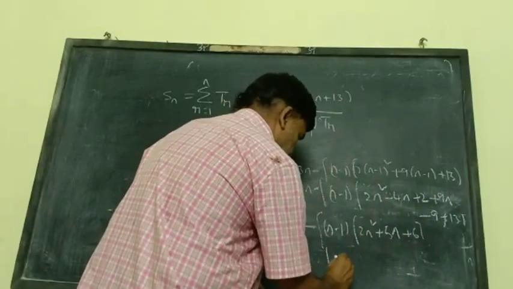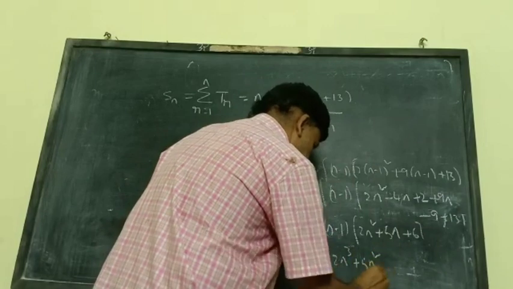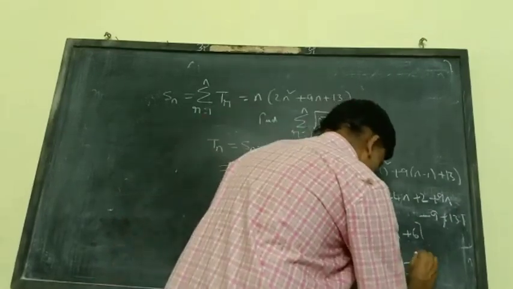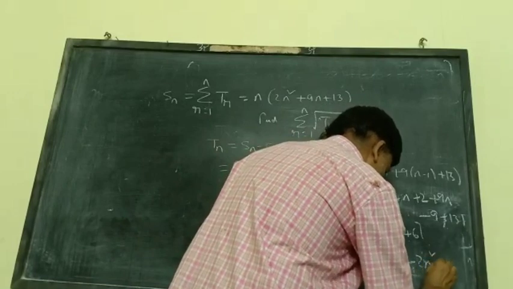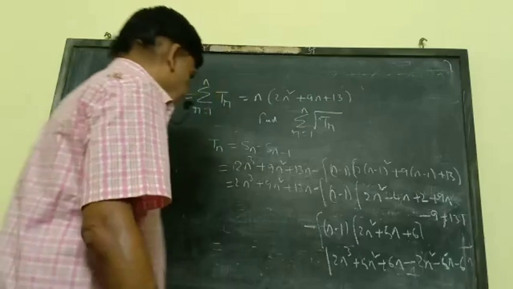This is minus of 2n cube plus 5n squared plus 6n, minus 2n square minus 5n minus 6.